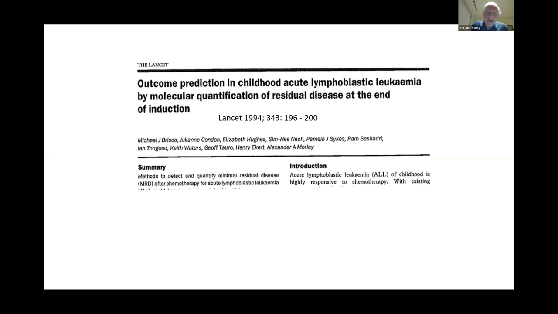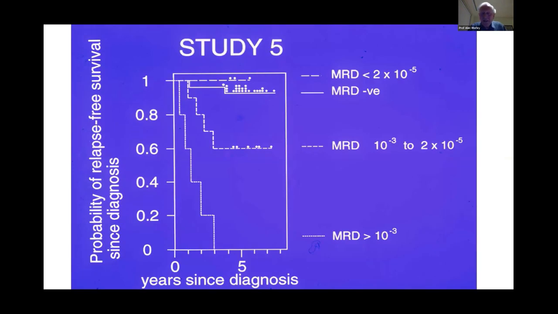We used this technique to study the predictive value of residual disease in acute lymphoblastic leukemia. This was our paper published in Lancet of 1994. We studied two groups of patients, in collaboration with the Royal Children's Hospital in Melbourne. We got the DNA off stored, archival microscope slides.